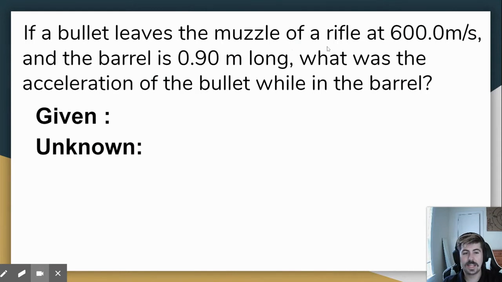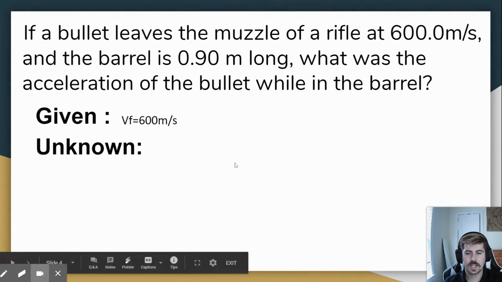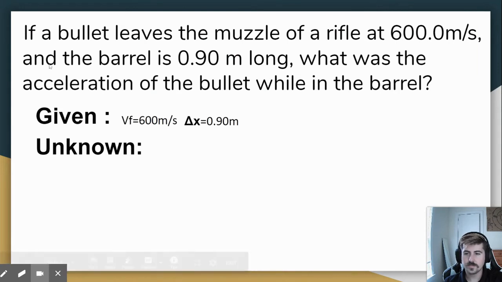If the bullet leaves the barrel at 600 meters per second, then it must have started in the barrel at 0 meters per second. So its initial velocity is 0. But its final velocity, because we have meters per second, we're looking at that unit, is 600 meters per second. It gives us displacement. So the displacement is 0.9 meters.